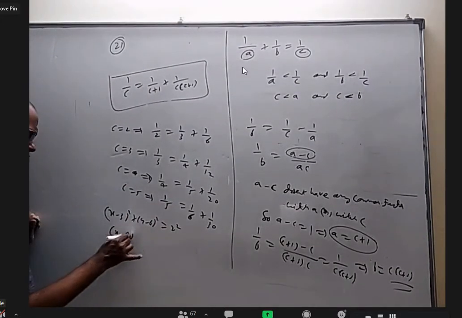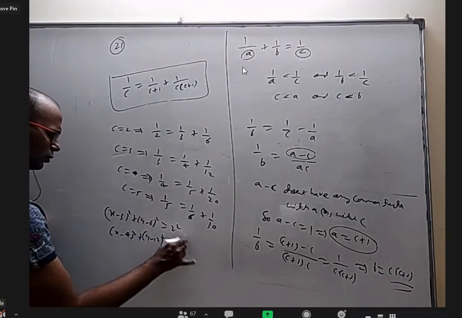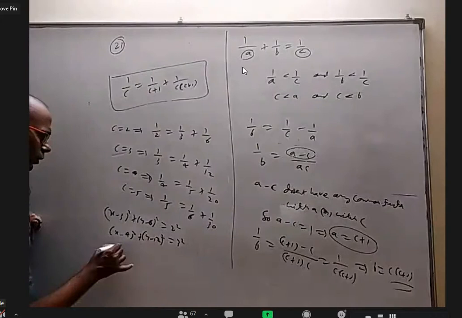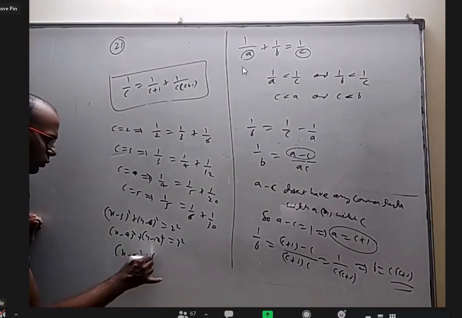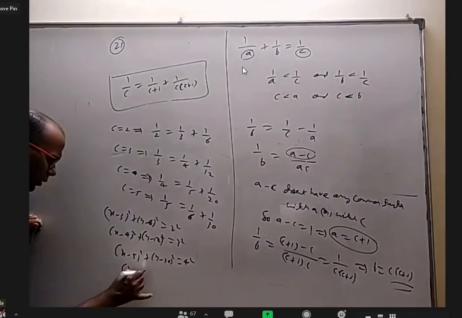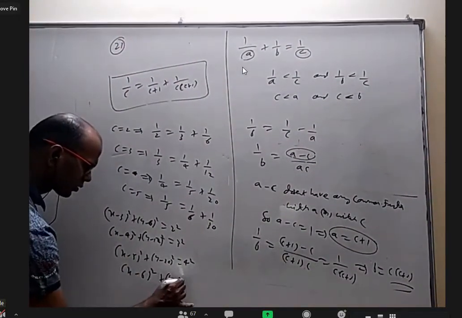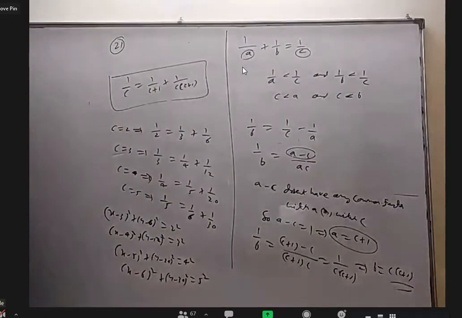Here x minus 4 whole square plus y minus 12 whole square equal to 3 square. Here x minus 5 whole square, y minus 20 whole square equal to 4 square. Here x minus 6 whole square plus y minus 30 whole square equal to 5 square.